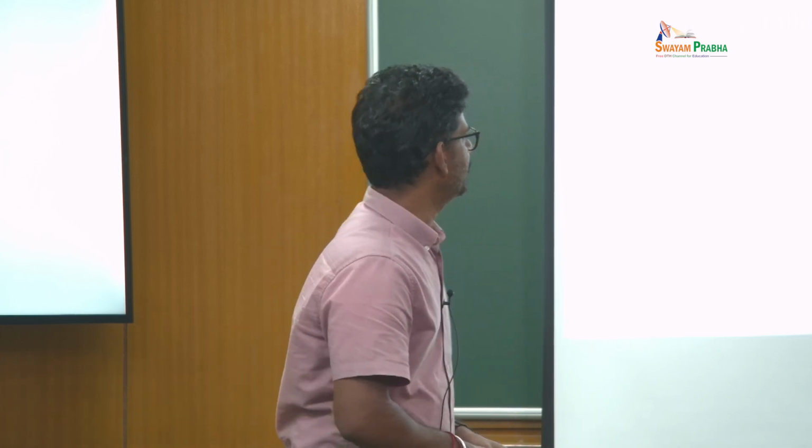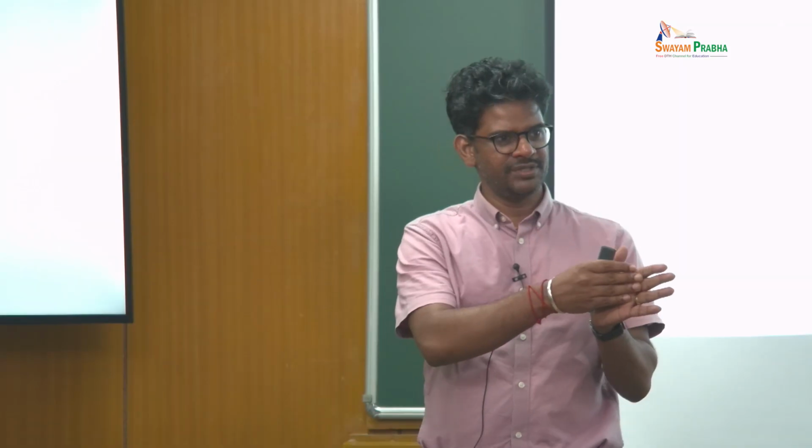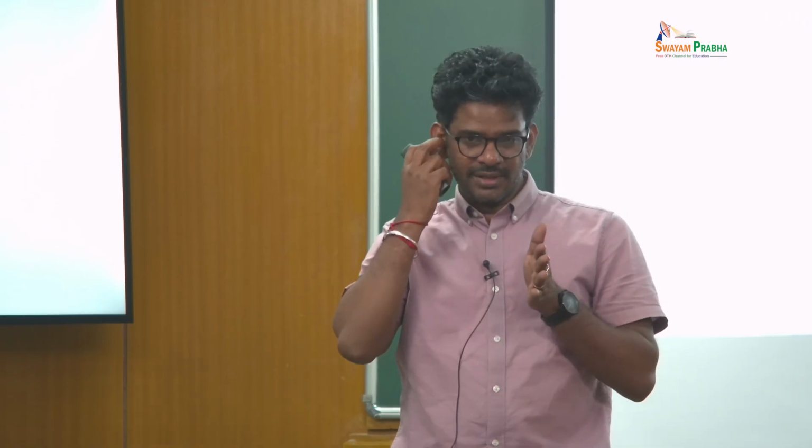When you have a thermoset, usually you'll use it over a temperature range between Tg and Td. Tg is the glass transition temperature, Td is the degradation temperature. You will put your thermoset in application in the temperature range spanning Tg to Td.